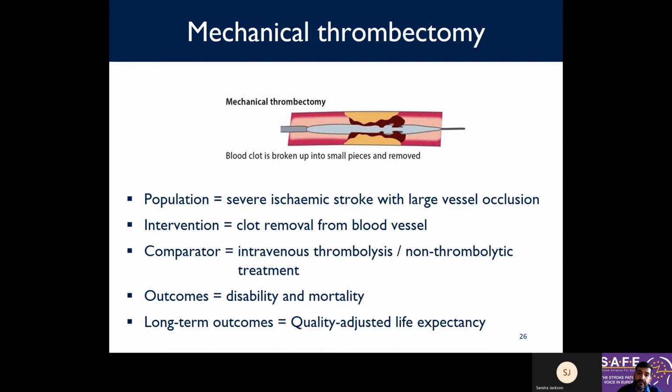The comparator would be intravenous thrombolysis for people under the age of 80 and non-thrombolytic treatment in people over the age of 80. The outcomes of mechanical thrombectomy are mortality, hopefully by removing the clots early, we can prevent mortality and also prevent disability.